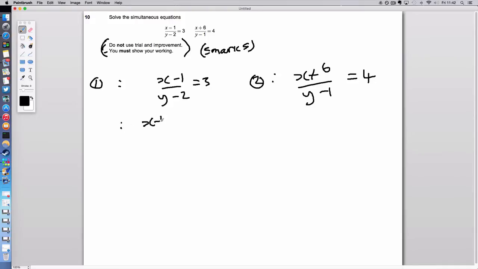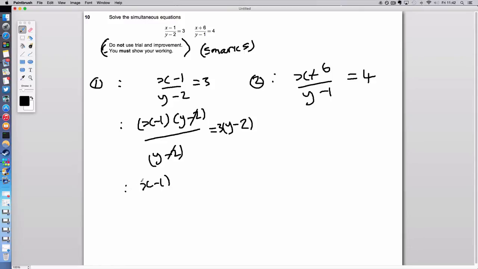Essentially we're multiplying so that the y minus 2 factor can cancel. Like so. And then of course these will cancel, making x minus 1 equals 3y minus 6, if we simplify that out.